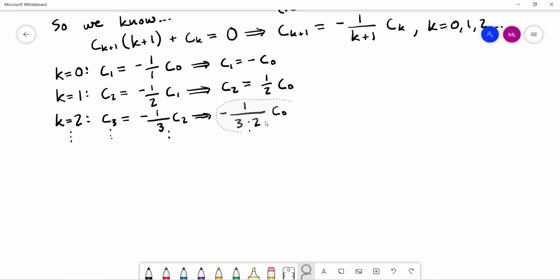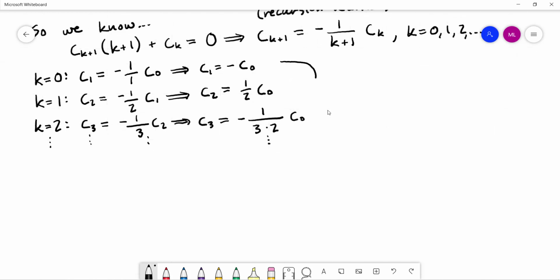This whole thing that I just solved for is what you get for c sub 3. I left that part off. So c sub 3 was equal to this. But plugging in this for c sub 2 into this location gives us that c3 looks like this in terms of c sub 0. And we can continue this, and what you basically have is that c sub 0 can be thought of as the arbitrary constant of integration. c sub 0 is like the arbitrary constant of integration.